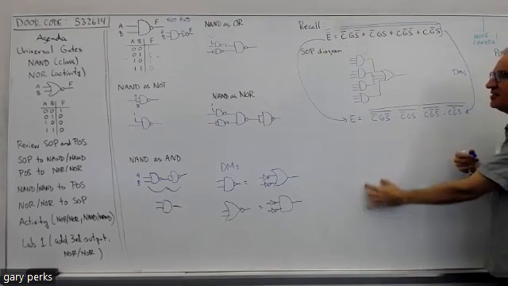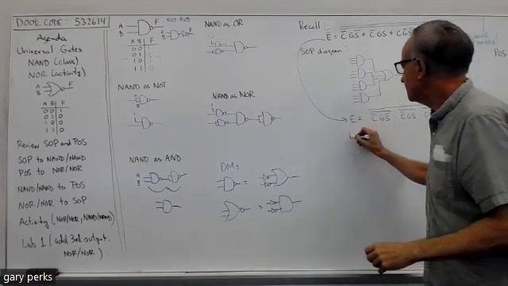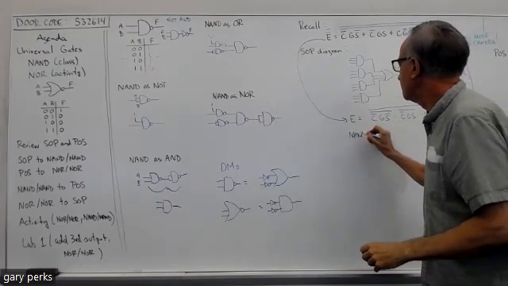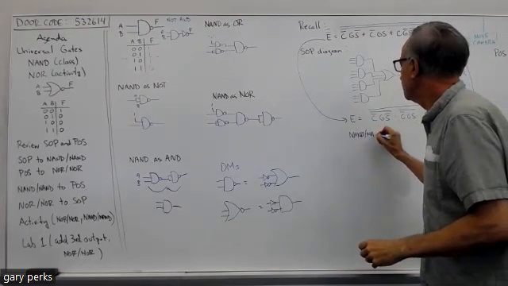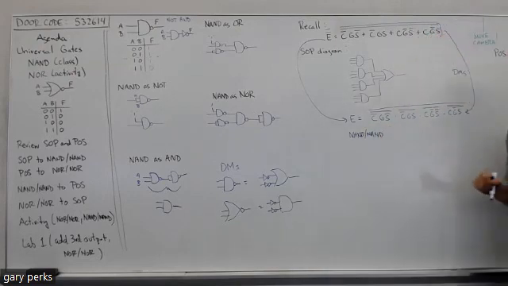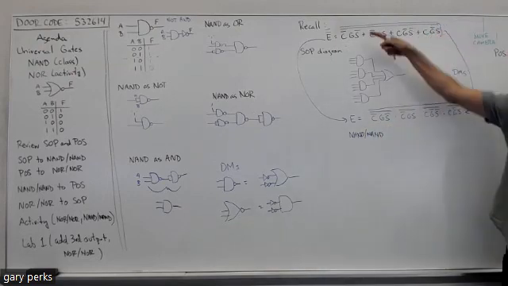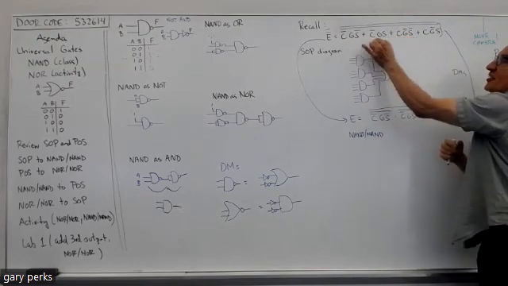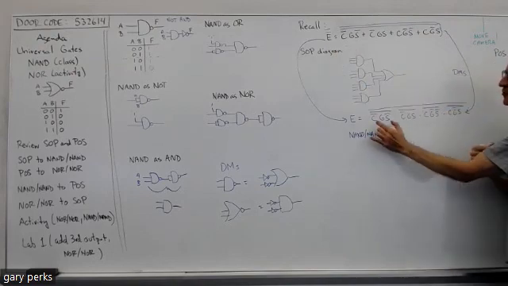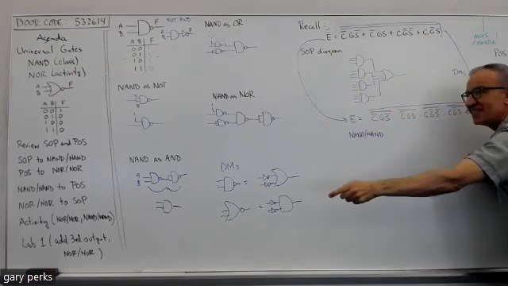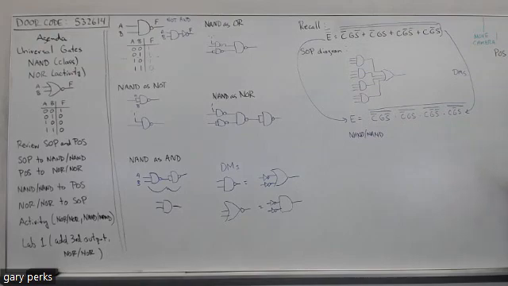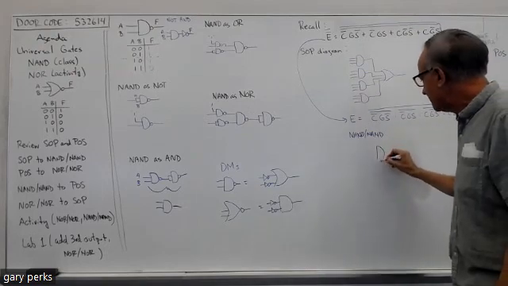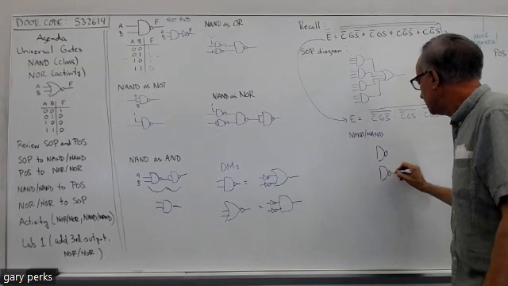So how would I draw this NAND diagram? The SOP, it's a number of AND gates into an OR gate, right? Because these are AND and they're all ORed together. Now we've got NANDs that are NANDed together. Yeah, it's all NANDs. That's why they call it NAND, right?